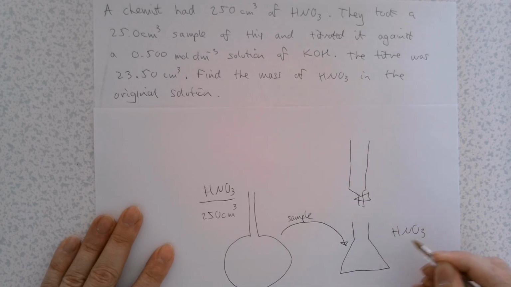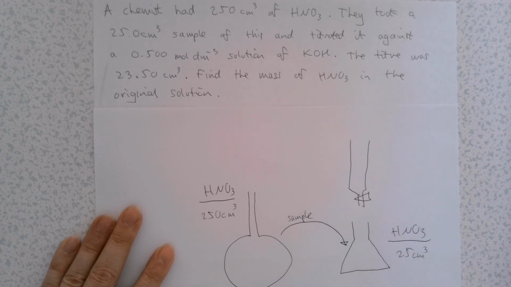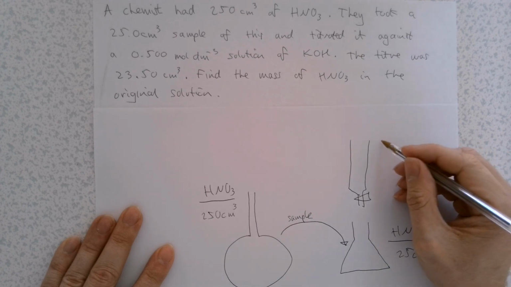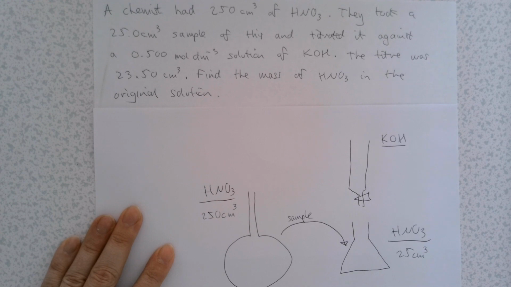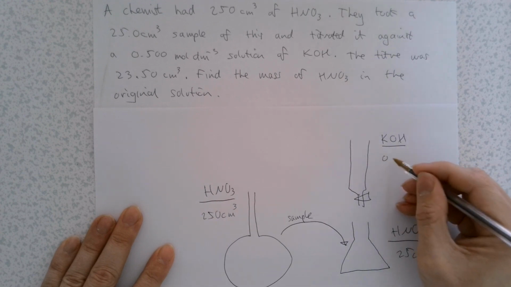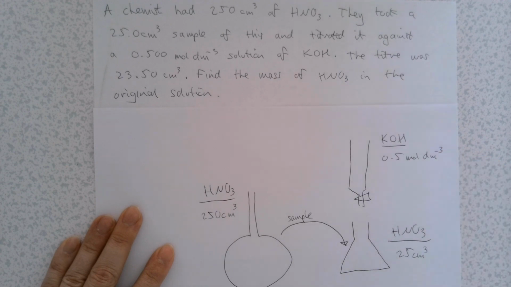We have nitric acid, and we know that that is 25 centimetres cubed. It then says we're titrating this against 0.5 moles per decimetre cubed of potassium hydroxide. So in our burette must be the potassium hydroxide, and that is 0.5 moles per decimetre cubed.